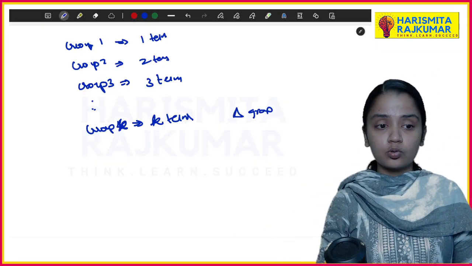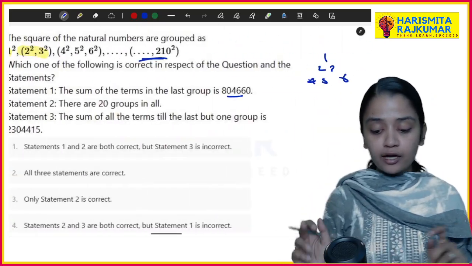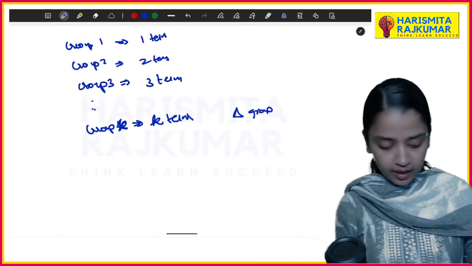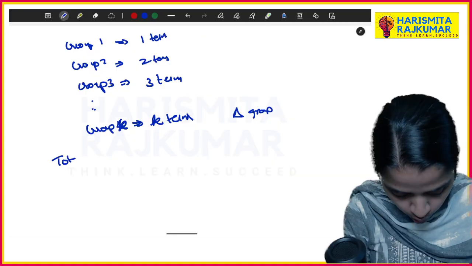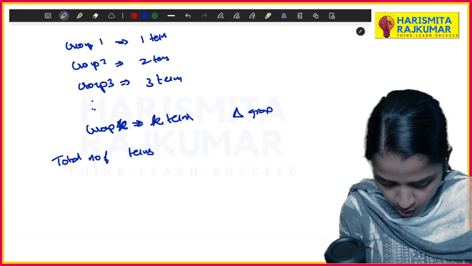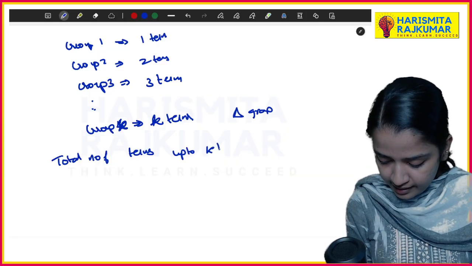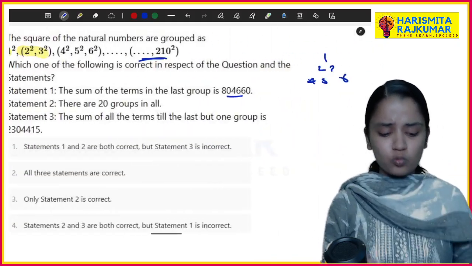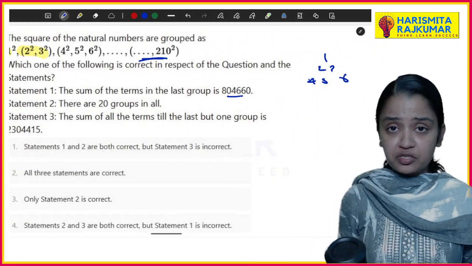So, for the kth group, we need to check in which group 210 square lies. To find the total number of terms up to the kth group, it is 1, 2, 3 up to k, and the last term is 210.